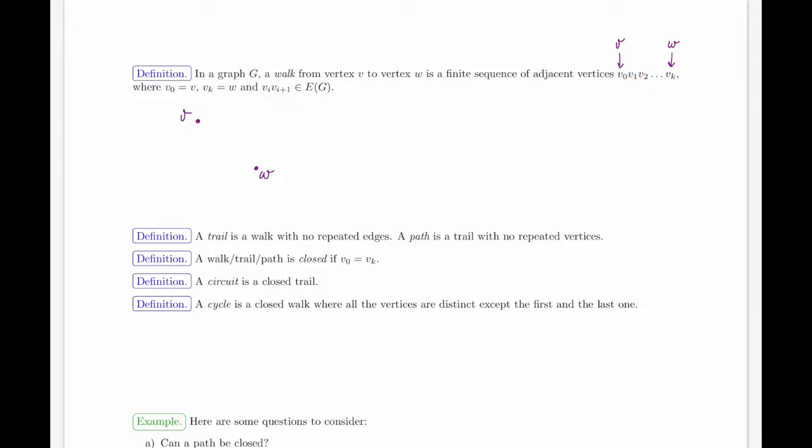So this is my V0, this is my Vk, and the walk is a sequence of vertices connected in a row to each other directly, so that eventually I have, let's say, Vk minus 1, and it's connected to W. Okay, so this is a perfectly fine walk.